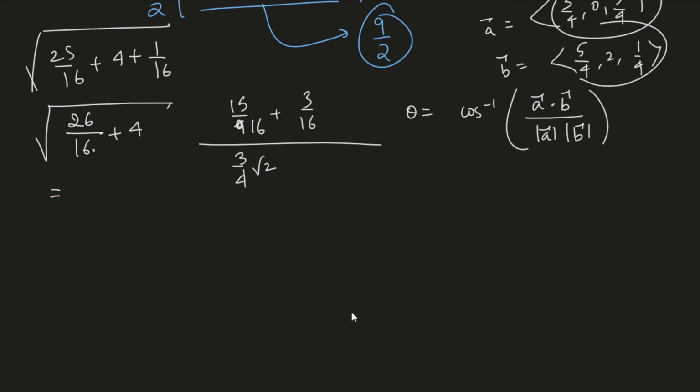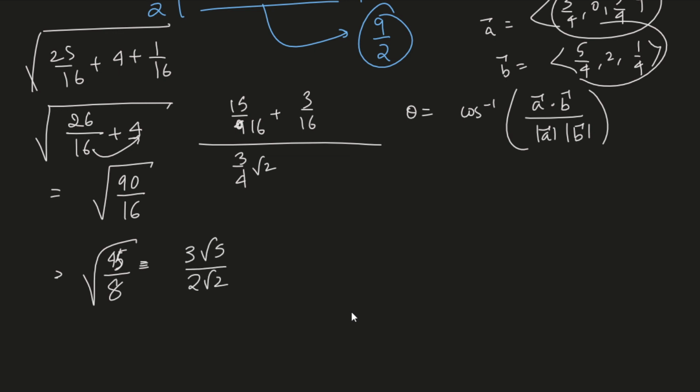So what does this give? This gives us 64. 64 plus 26 is 90. So 90 by 16. I don't think there are any common factors except 2. So 45 divided by 8. And well, what does 45 stand for? 45 is 3 root 5 divided by 2 root 2.